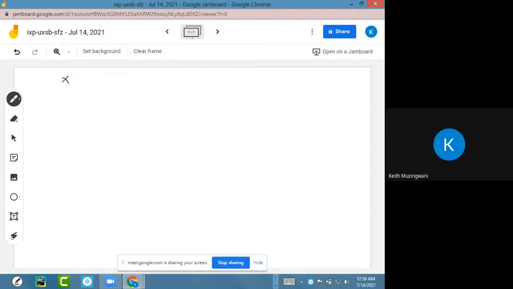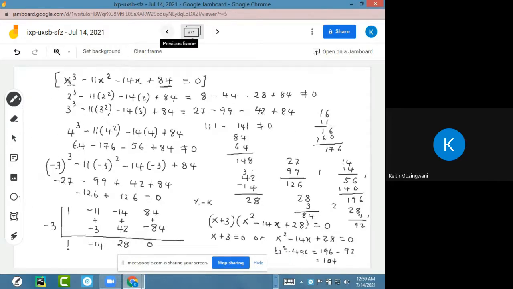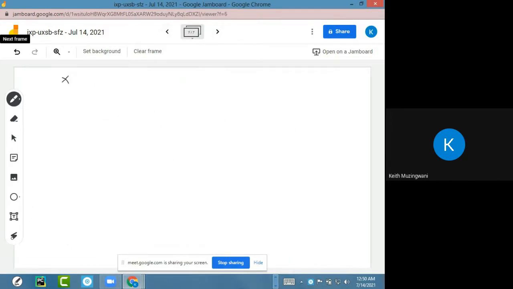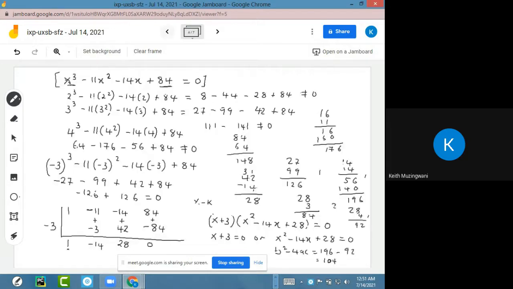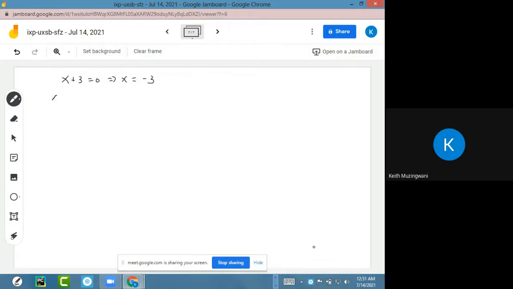So we have x is equal to negative 3. From x plus 3 is equal to 0, we obtain x is equal to negative 3. And then from this quadratic here, it is x squared minus 14x plus 28 is equal to 0.